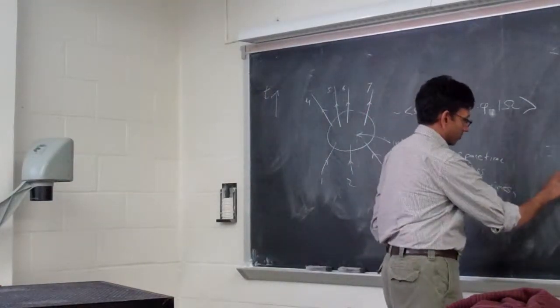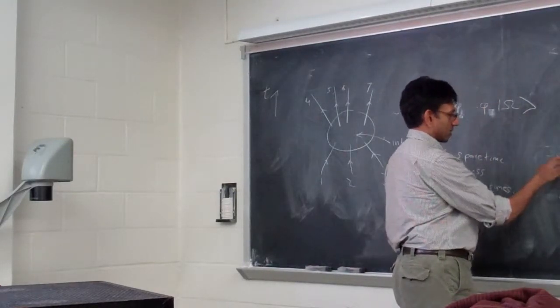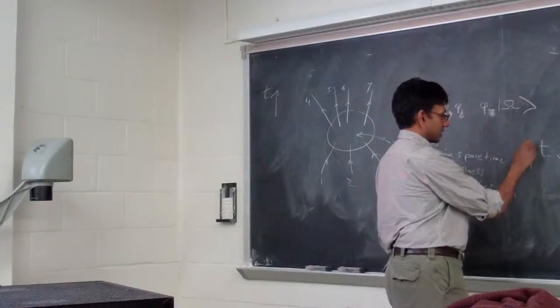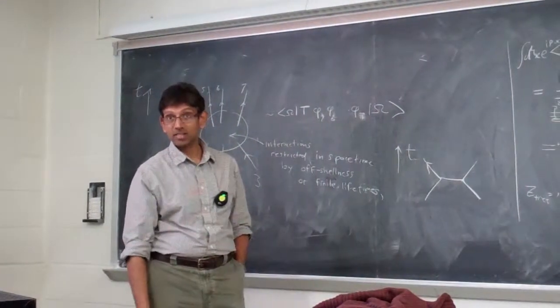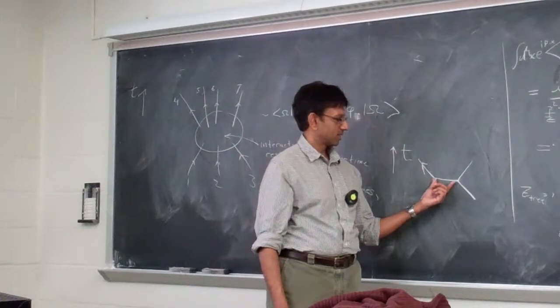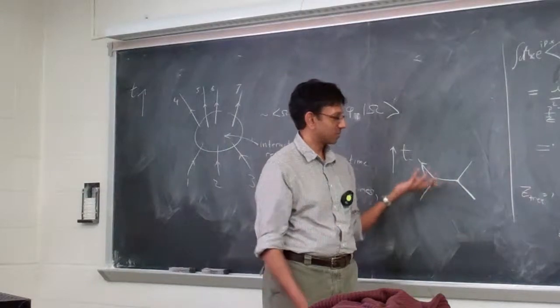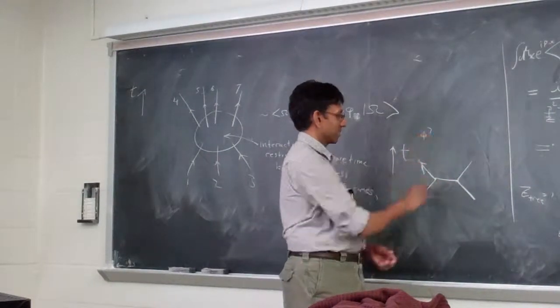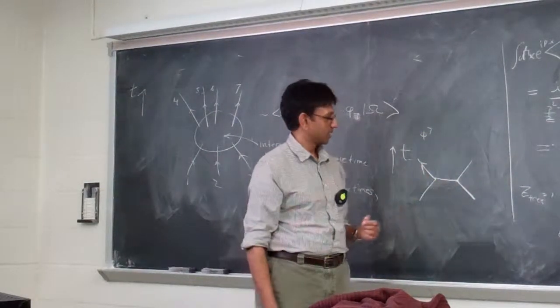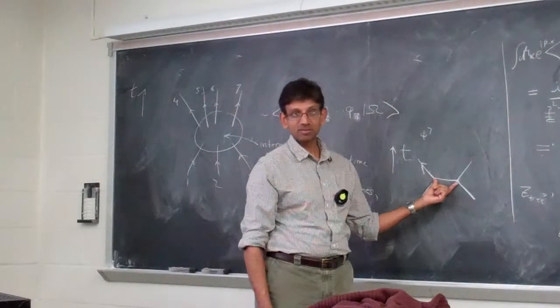So for example, if we were doing some scattering, again, this is time like this. In this kind of case, this is an off-shell line. Can't be on-shell. Let's say I'm doing phi cubed field theory or something. This would be an off-shell line. So this separation in space-time can't get too large.